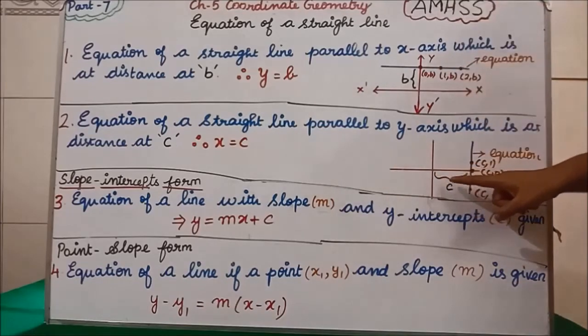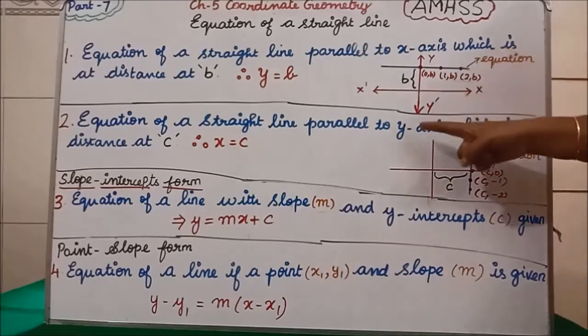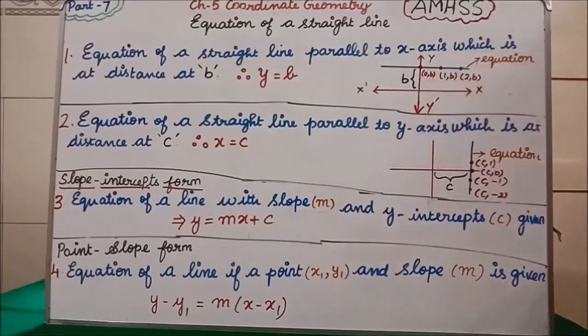From the origin to this point, the distance is c. So here we have c, 0; 1, c; 2, c; 3, c; it goes on, and in the middle c, 0, then c, -1; c, -2; like this it goes on. For a line parallel to the y-axis, x equals c; parallel to the x-axis, y equals b. This is our formula. Based on these two concepts, we will do the problems in exercise 5.3.